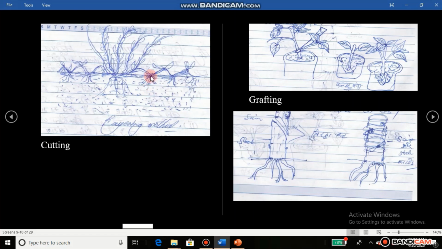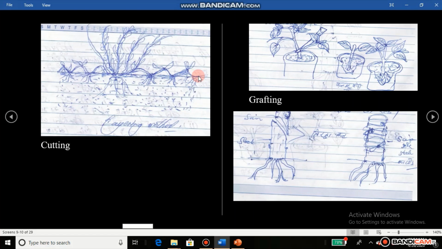It forms the root here, and the outer part above the soil will form leaves and a complete plant. Whenever these plants again generate a flexible stem, you can put it inside the soil, and like this you can do it again and again.